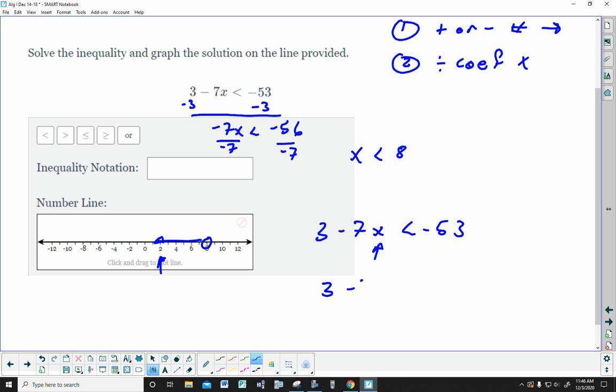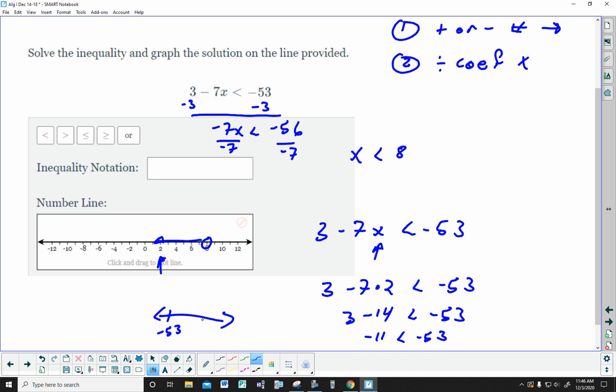So 3 minus 7 times 2 should be less than negative 53. 3 minus 14 should be less than negative 53. That's negative 11 is less than negative 53. And you guys should know, if you just look at a simple number line, there's negative 53, there's negative 11.